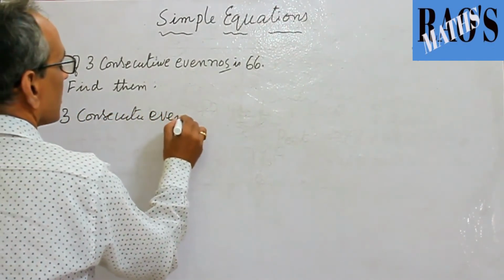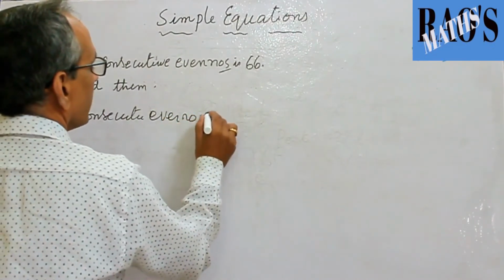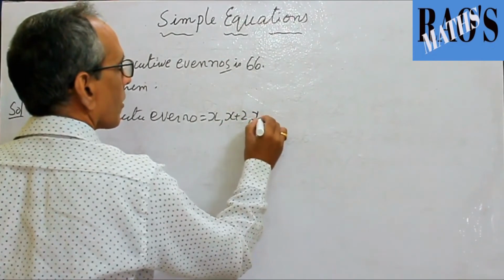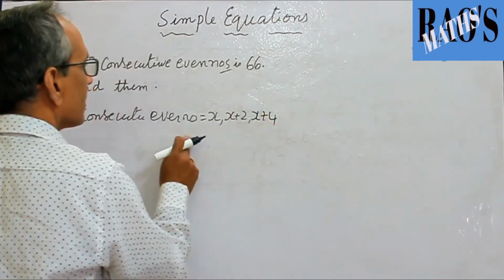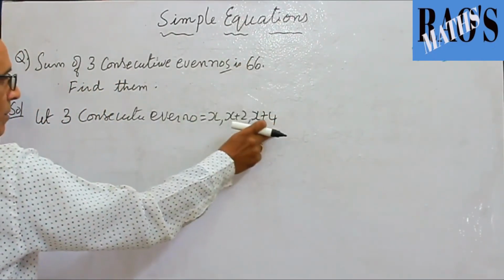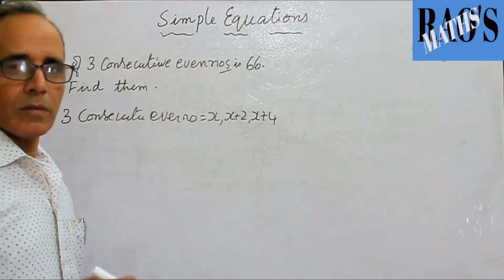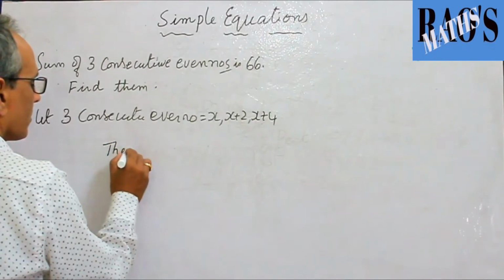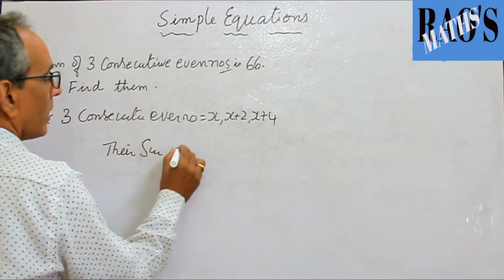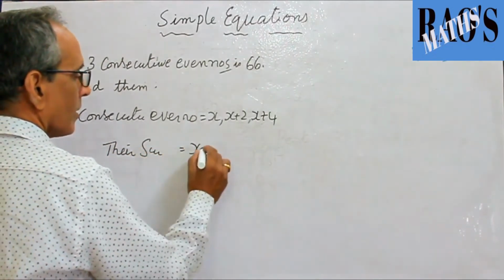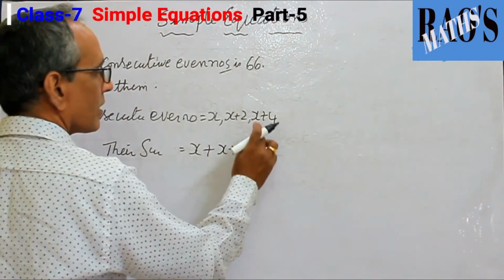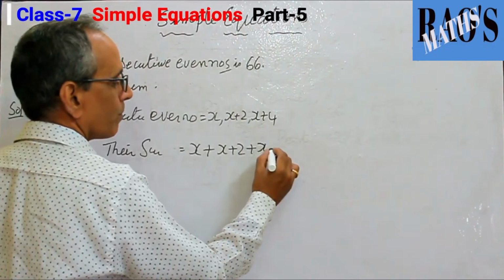Here I define my unknown even numbers. Select 3 consecutive even numbers: x, x plus 2 and x plus 4, and their sum is given as 66. Let me find the sum of the 3 even numbers of my choice. Their sum is equal to the first even number plus the second even number, x plus 2, plus the third even number, x plus 4.